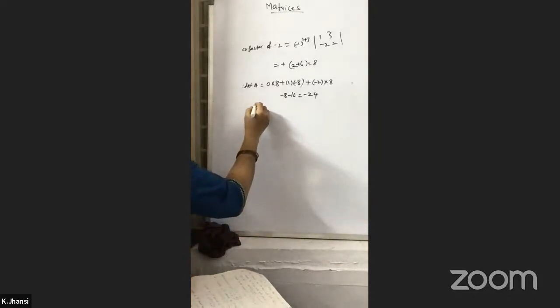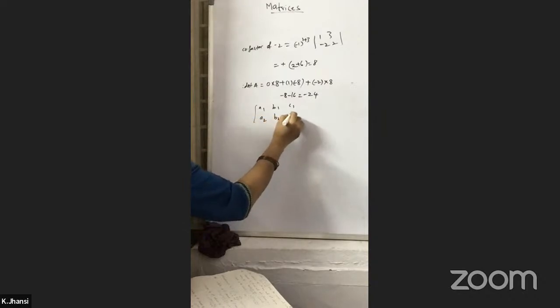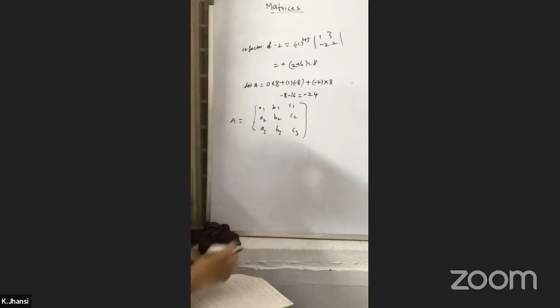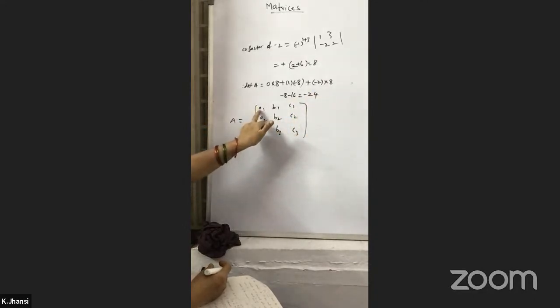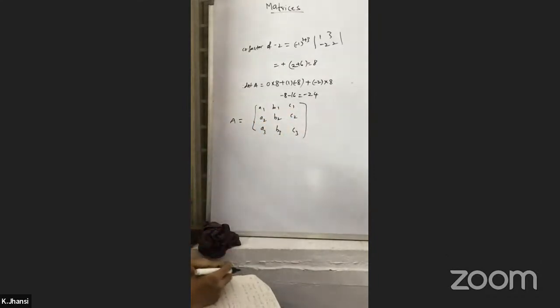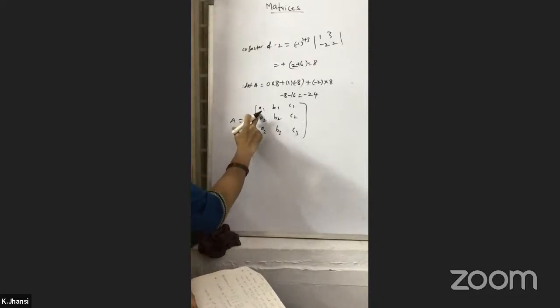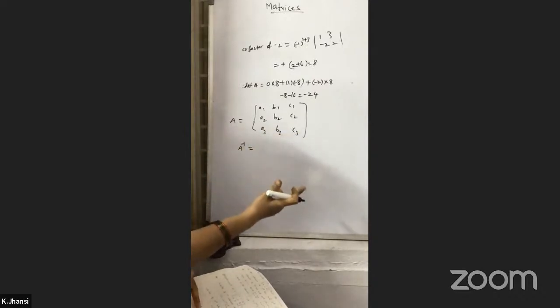If you see A1, B1, C1, A2, B2, C2, A3, B3, C3, think of this as one matrix. To find the determinant of this 3 by 3 matrix, finding the cofactors of the first row is enough. But when we find the inverse, we have to find cofactors for all 9 elements.